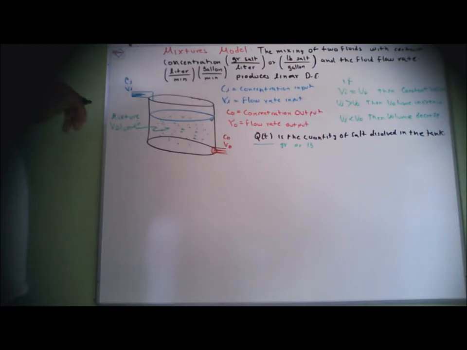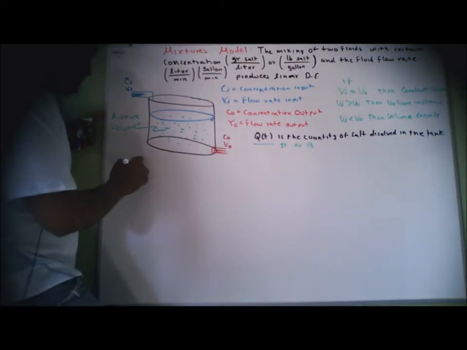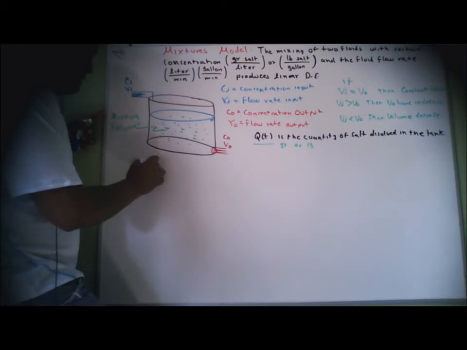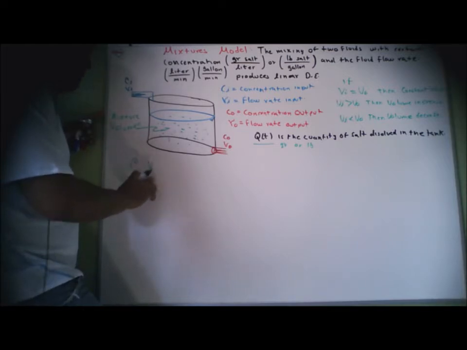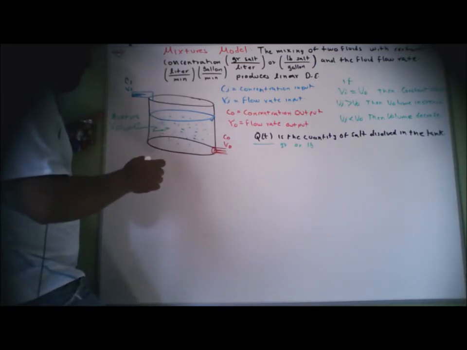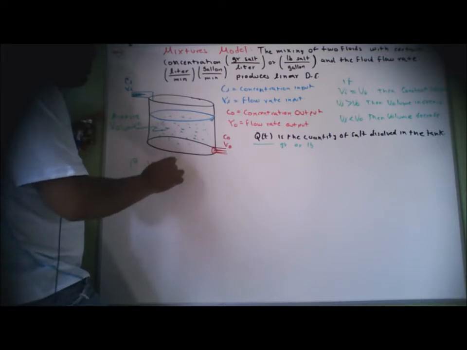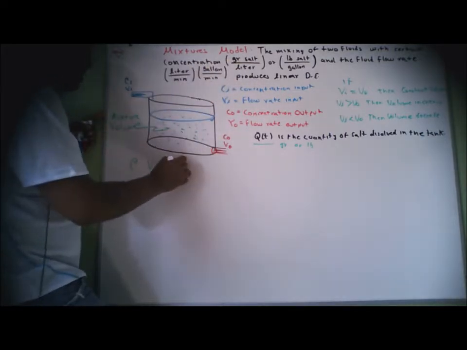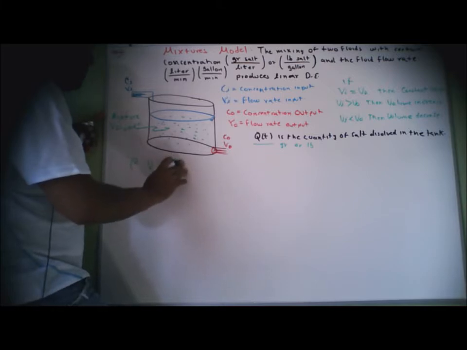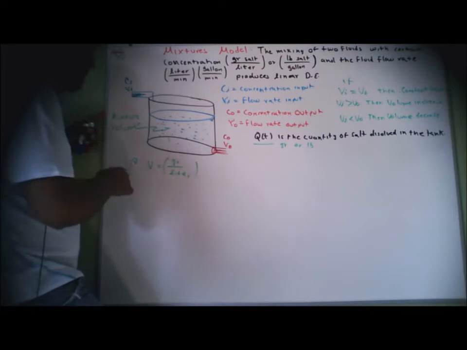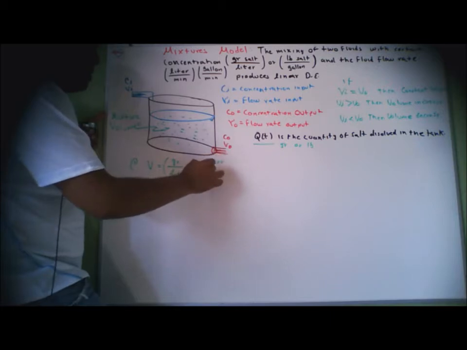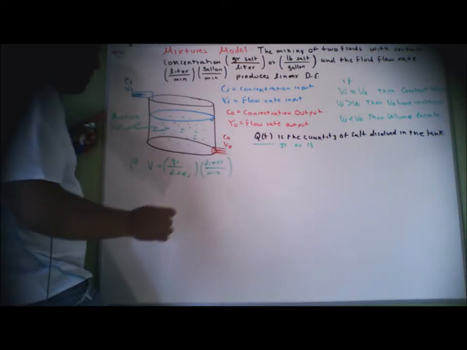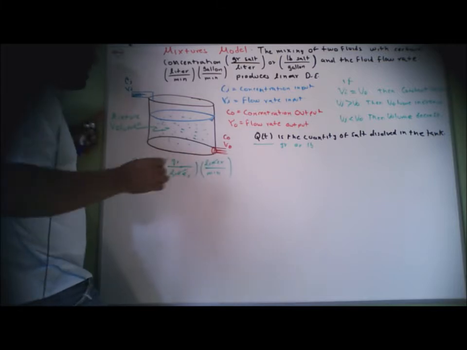Now, what happens if we do the multiplication of the concentration input times the flow rate input? In terms of the units, the concentration is grams in metric units per liter. And then if we multiply times the flow rate, liters over the minute, the liters cancel.